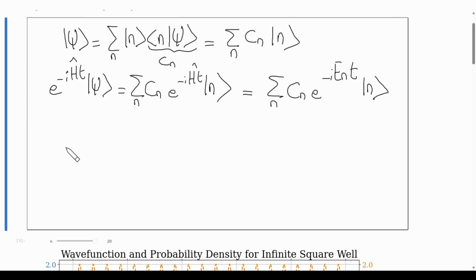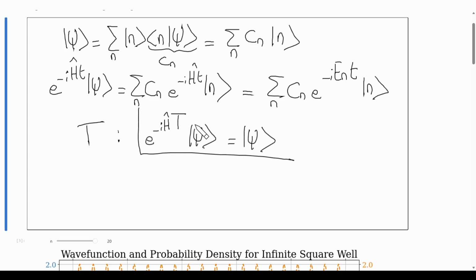Is there some time t such that, starting from some initial state psi and letting it evolve for this time t, do we get back psi?